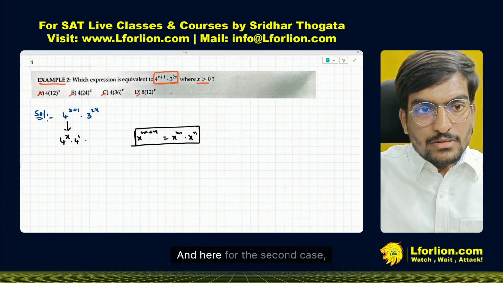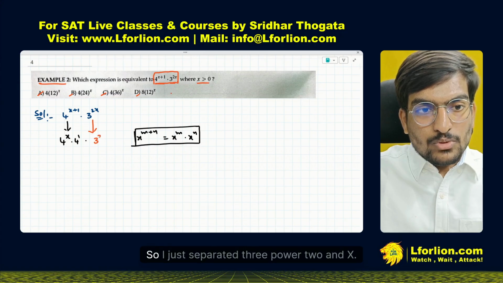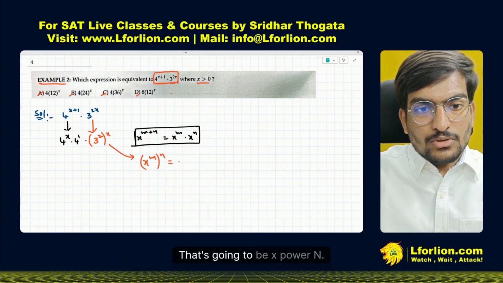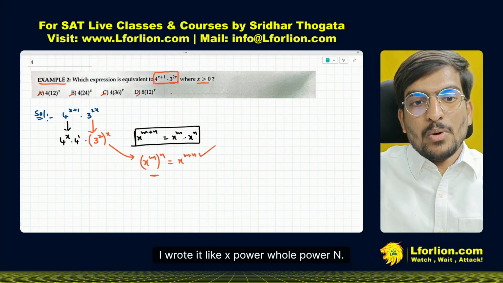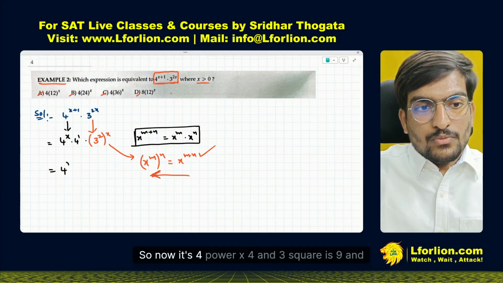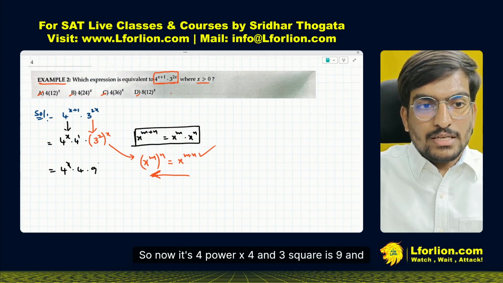And here for the second one, it is in the form of 3 power 2x. So I just separate it, 3 power 2 and x. It is in the power rule. x power m whole power n is going to be x power mn. So actually it is x power mn, and I wrote it as x power m whole power n. I wrote it this way. So now it's 4 power x, and 3 square is 9, power x.